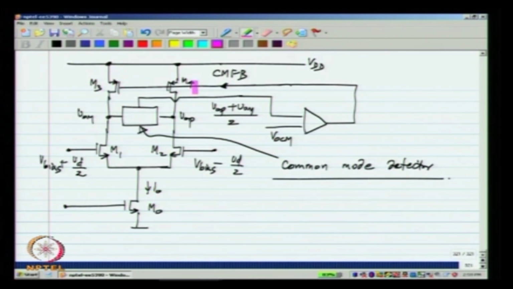So, the current in M3 and M4 must decrease. Similarly, if the output common mode voltage is too low, the current in M3 and M4 is lower than the current from M0. When the current in M3 and M4 decreases, VOM and VOP will be pulled down. Similarly, when the output voltage is too low, the current in M3 and M4 must increase, so that the output voltages increase.